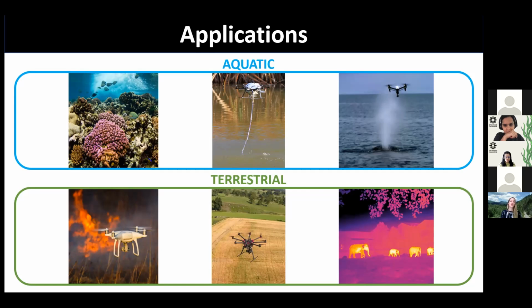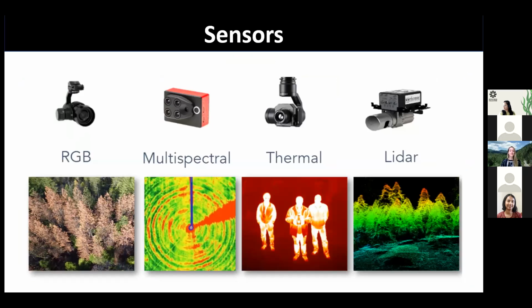Maybe a lot of people use drones for agriculture, tracking mammals like these little elephants that you see on the bottom right, and so much more. So a lot of great ideas, and you might even be able to try out these ideas in your own citizen science research projects. So now let's talk sensors.